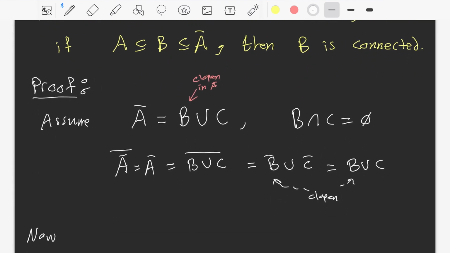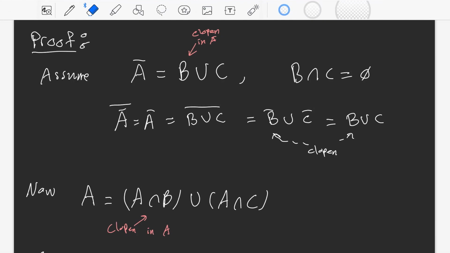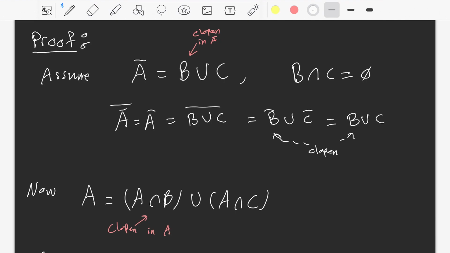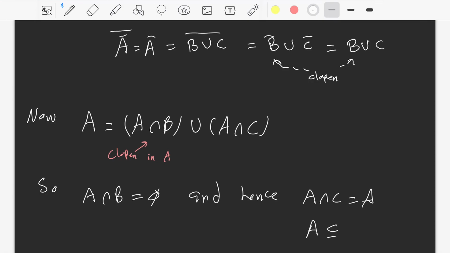Now, what we know about A is that A can be written as A intersection B union A intersection C, and this is clopen in A, but A is connected, so A intersection B is empty, and hence we have A intersection C equal to A. Or in other words, A is a subset of C. Now, if A is a subset of C, the closure of A will be a subset of the closure of C. And of course, this cannot happen.